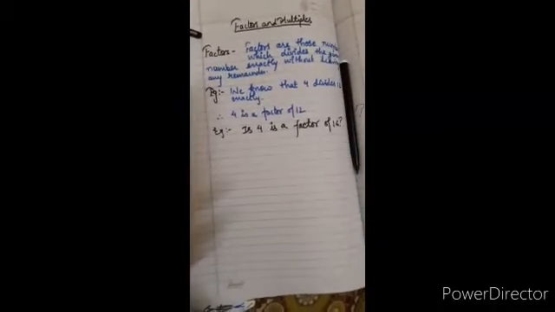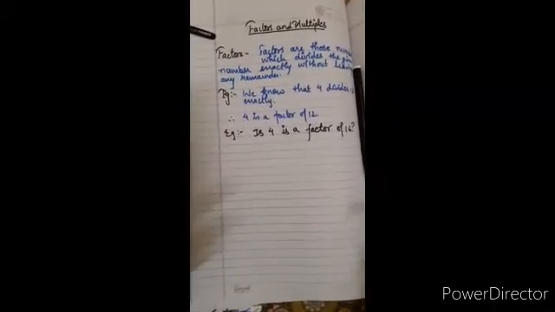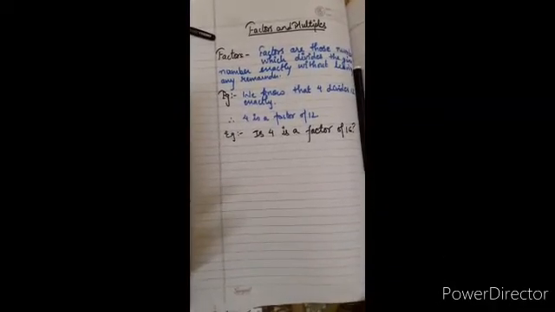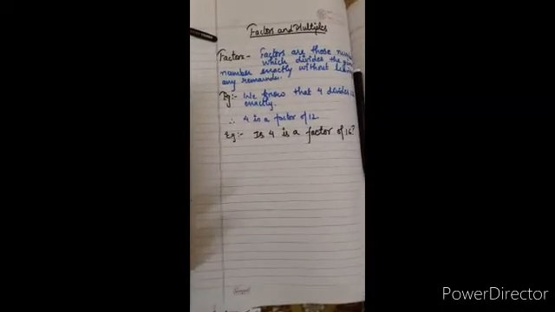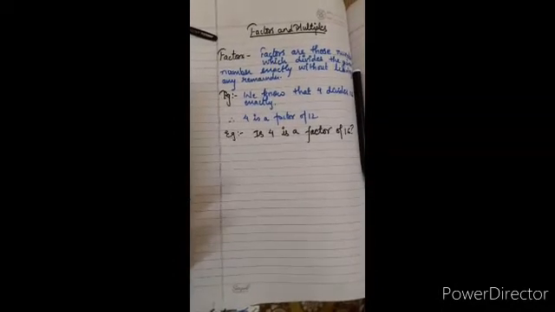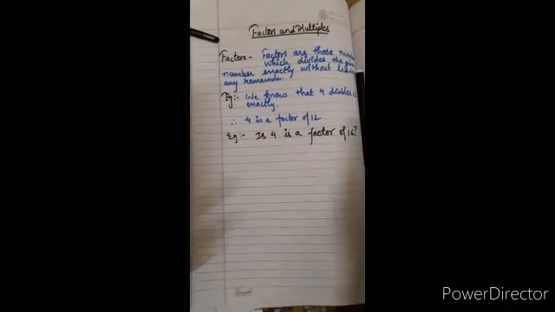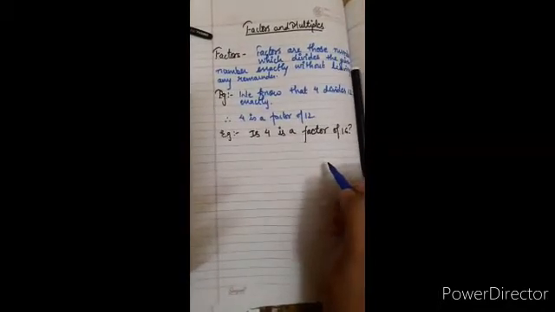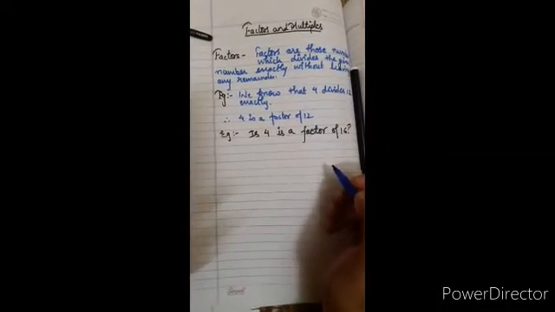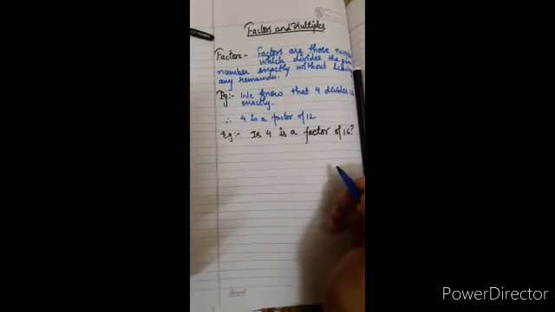What is the meaning of this? 4 is a factor of 16 means 4, 16 का factor है. So how can you say 4 is a factor of 16 or 4 is not a factor of 16?